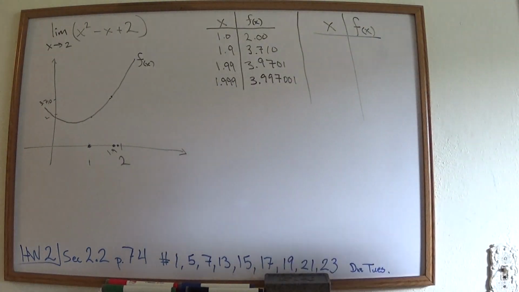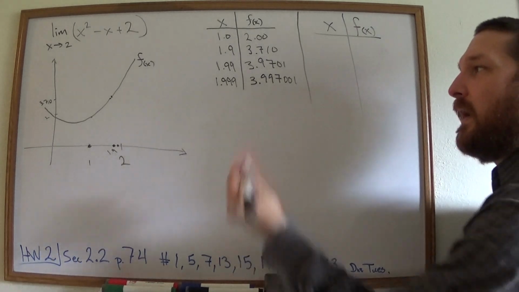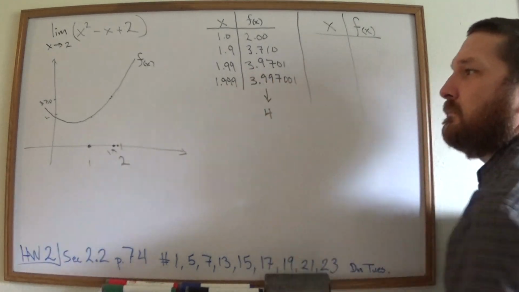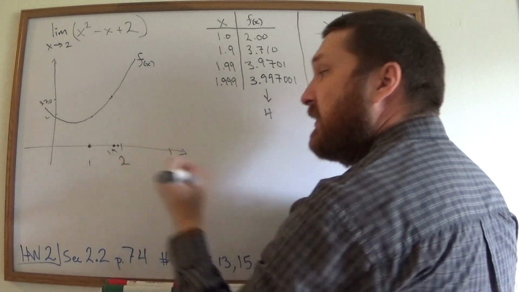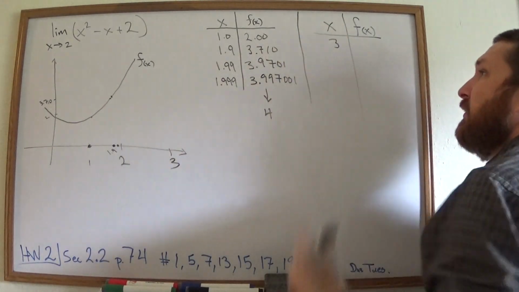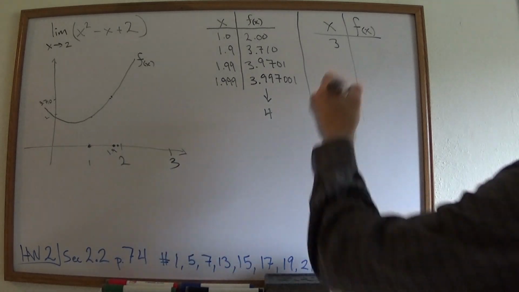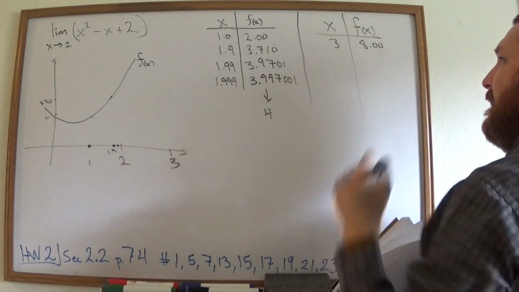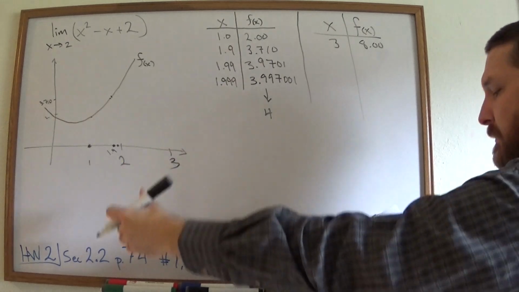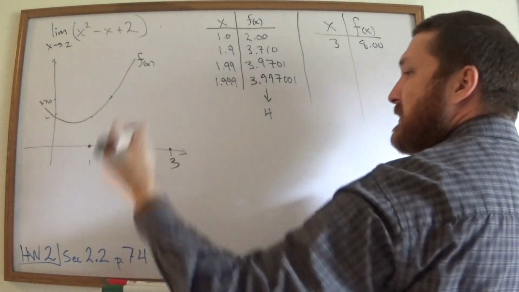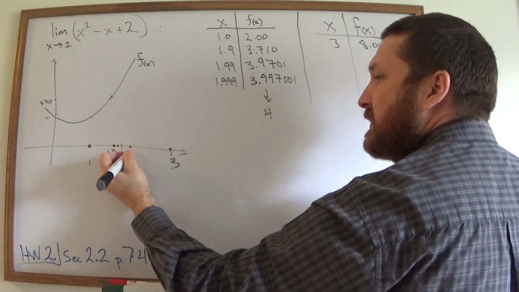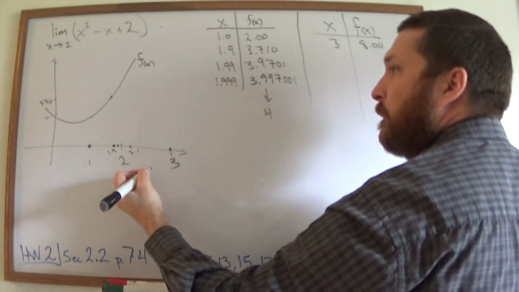Now, it really looks like it's going to 4. Now we're going to go from the other side, and I'm going to start here at 3. I plug in a 3 and I get out an 8. Now I'm going to start moving down. I started at 3, got out an 8. Now I'm going to jump down to 2.1.